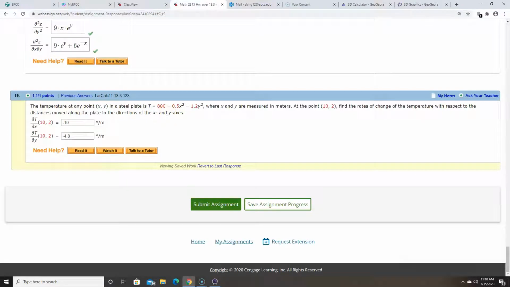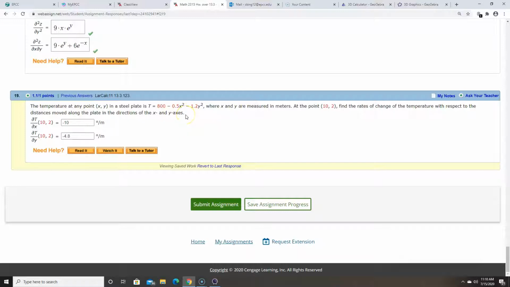So depending on where you are on the steel plate, the temperature is what's changing everywhere. But in certain places it's changing faster or slower.